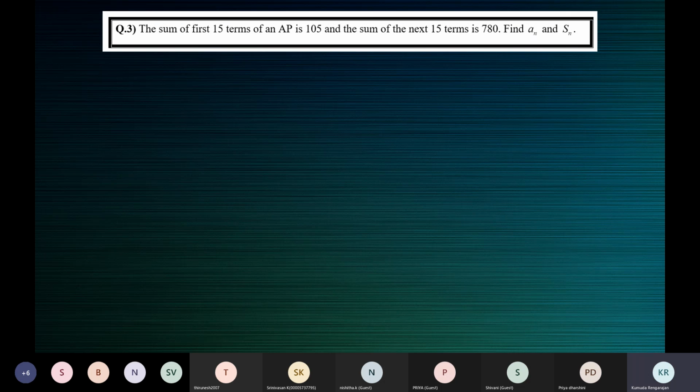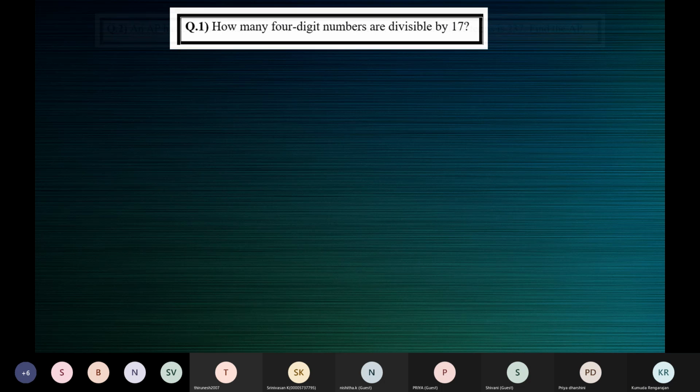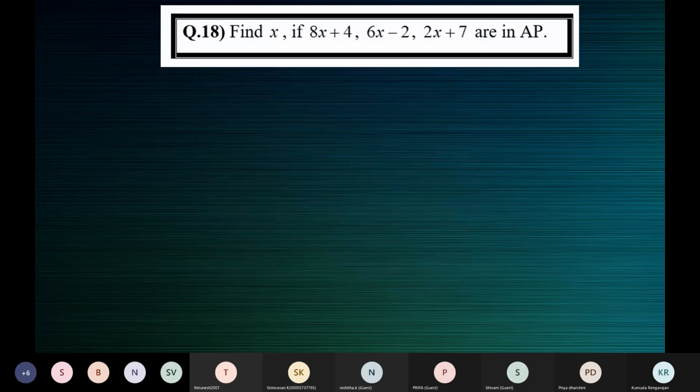Yeah, try these questions as homework, children. You've done them in the class earlier. I won't give you everything, 1 minute. I'll just give you a few sums. Yeah, try this. Find X. Take a screenshot.